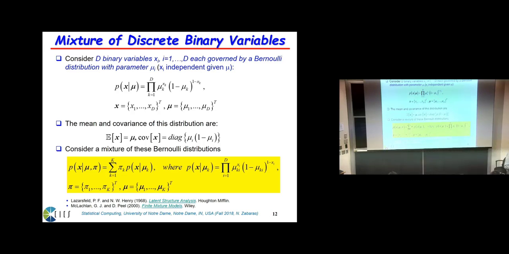So all the off-diagonal elements are 0. All right? And I want you to remember, because when we extend this to a mixture of this type of distributions, suddenly you will see correlations start to come into play. So if correlations are important, obviously using this distribution is not going to be helpful.